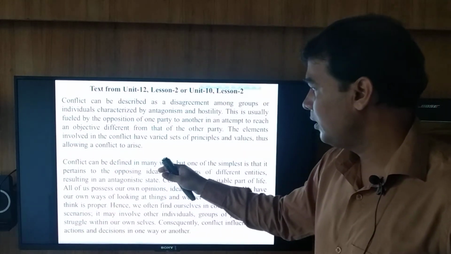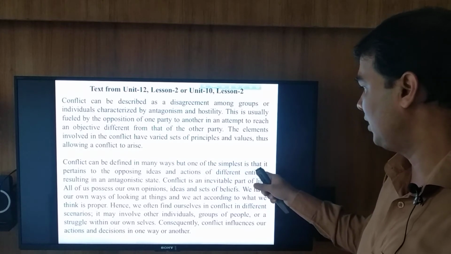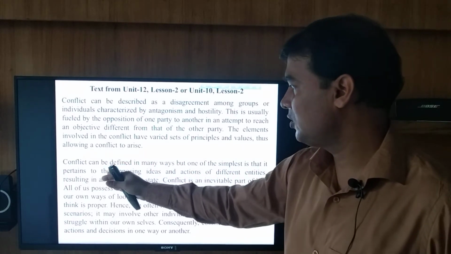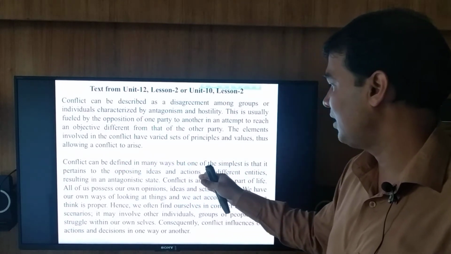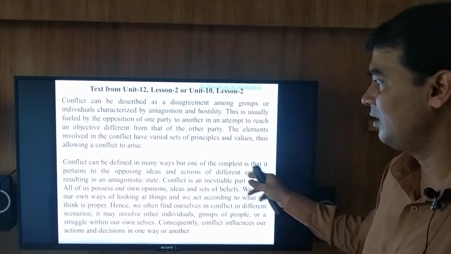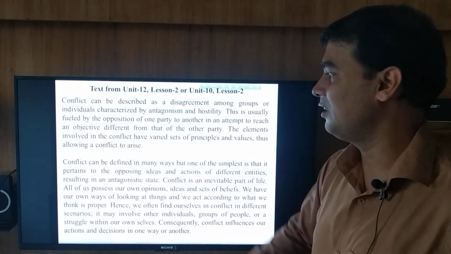Okay, conflict can be defined in many ways, but one of the simplest is that it pertains to the opposing ideas and actions of different entities, resulting in an antagonistic state.